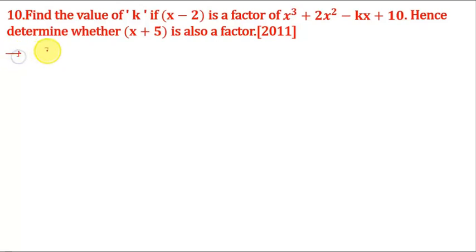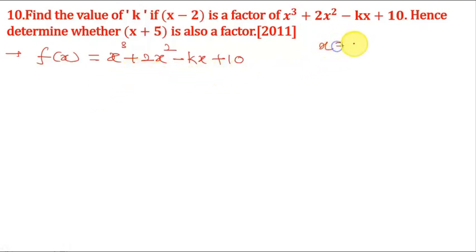Now, first of all, f of x is equal to the given polynomial x cube plus 2x square minus kx plus 10. As x minus 2 is a factor, therefore the value of that polynomial is 0 at x equals 2.